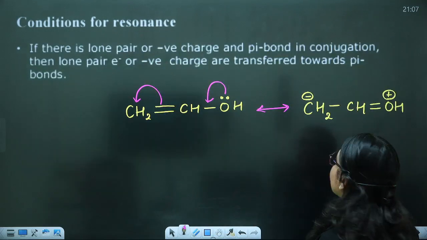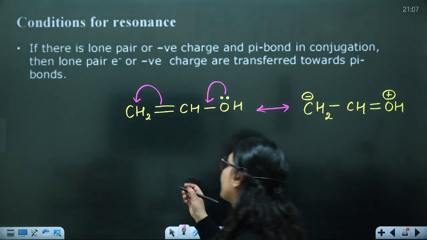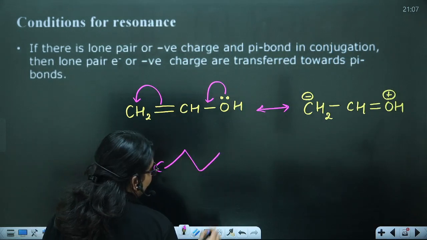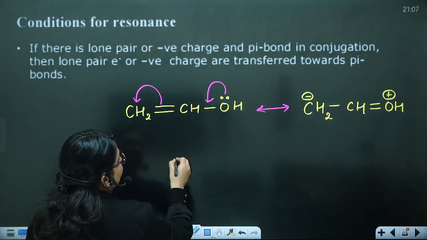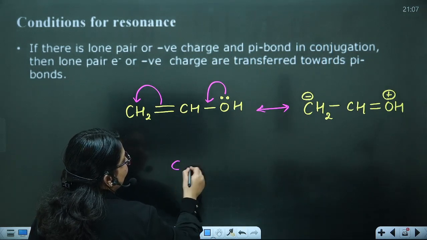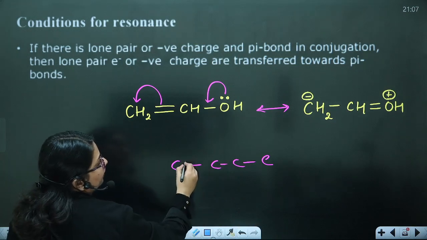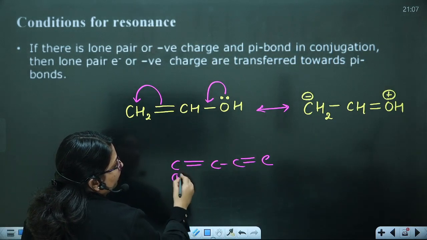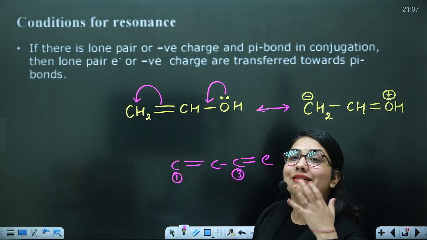Come to the next one. Just like the previous one, we have seen in butadiene at the 1 and 3 positions we had double bonds, and that's why that was showing resonance structures.